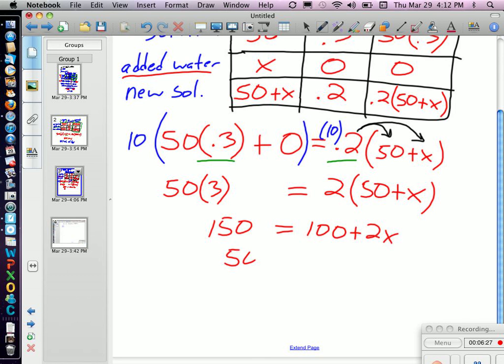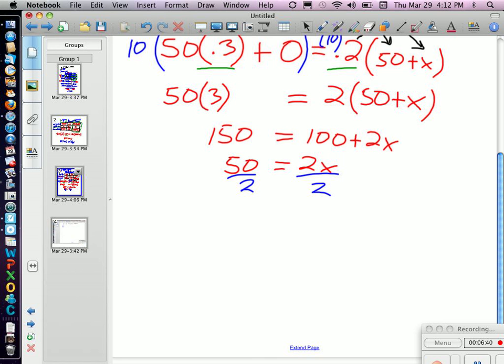This is nice. It doesn't look too difficult of calculation here. We're subtracting 100 from both sides to get this. And we're going to divide both sides by 2. Hopefully we get the right answer here. But when we check our answer to see if it makes sense, that should be good as well. So let's see.